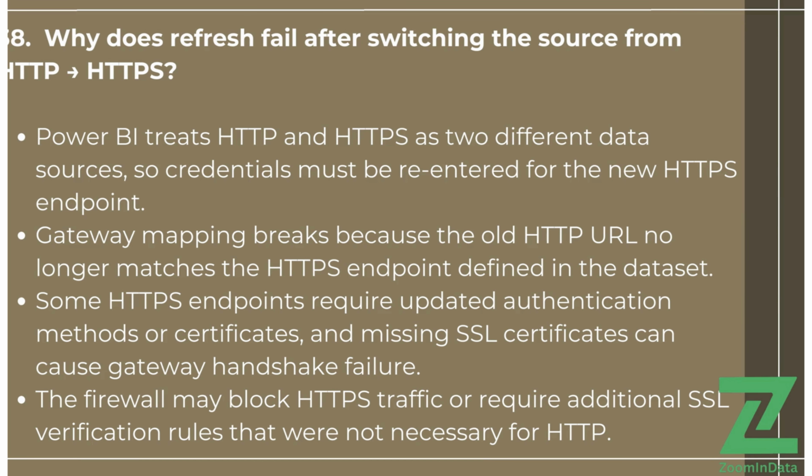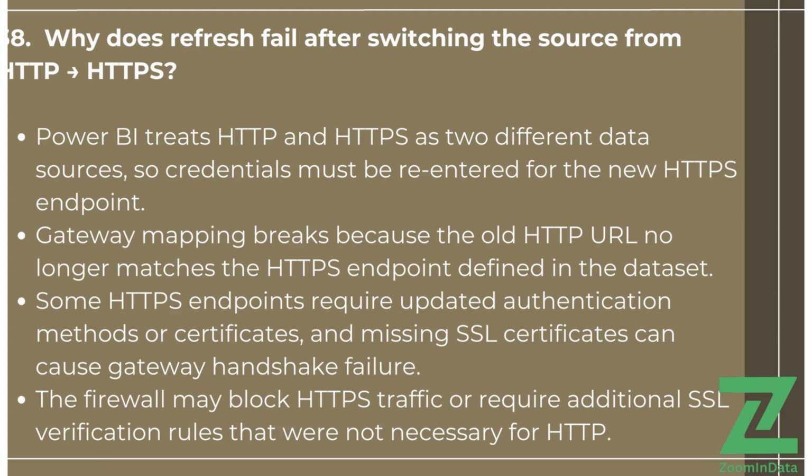38th question. Why does refresh fail after switching the source from HTTP to HTTPS? Power BI treats HTTP and HTTPS as two different data sources, so credentials must be re-entered for the new HTTPS endpoint. Gateway mapping breaks because the old HTTP URL no longer matches the HTTPS endpoint defined in the dataset.